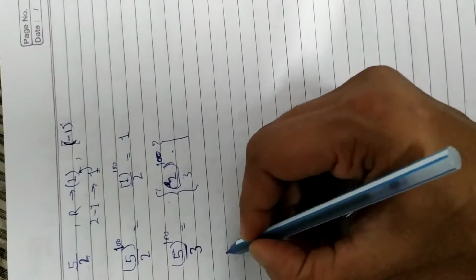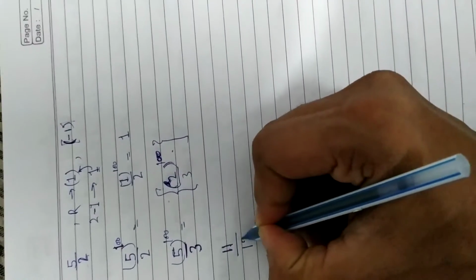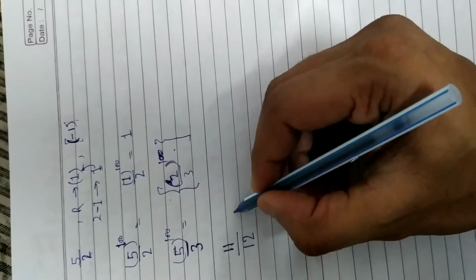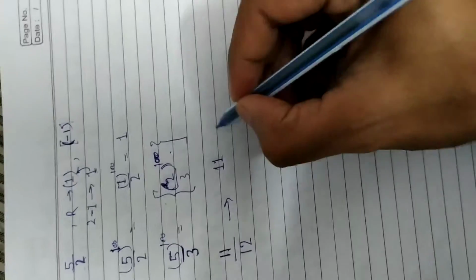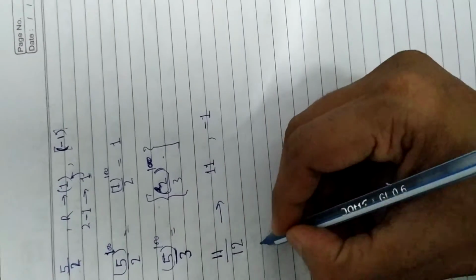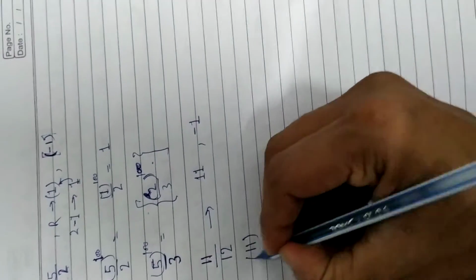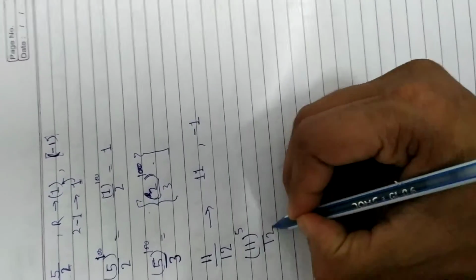If I show 11 divided by 12, what is the remainder? One positive remainder is 11, but the other, negative one, is -1. If I told you just power 5, what is the remainder?